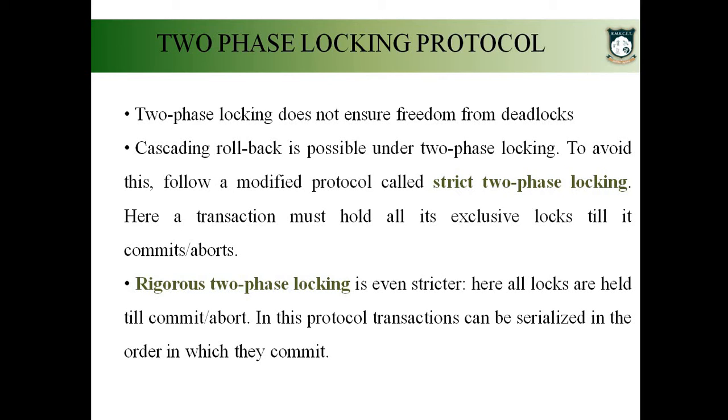Depending in the sense, the result that T3 has given is read by T2. So, that is what I am referring to as a depending transaction. Now, since T3 is rolling back, T2 should also roll back, because T2 is depending on T3. Now, T2 is also rolled back. Now, assume that T1 is depending on T2. In this case, since T2 is rolling back, you have to also roll back T1.